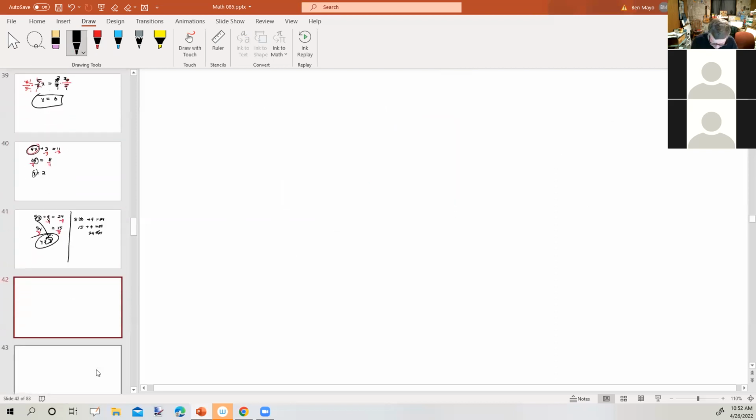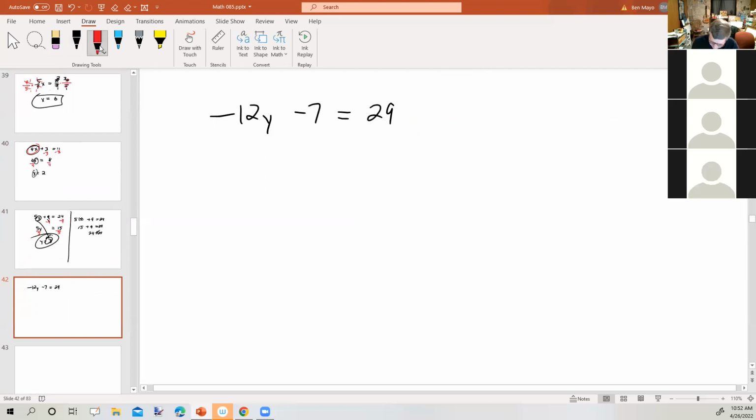Let's see here. How about this one? Negative 12y minus 7 equals 29. So what are we going to do first? Add 7. Right. Isolate the variable term. Good job.